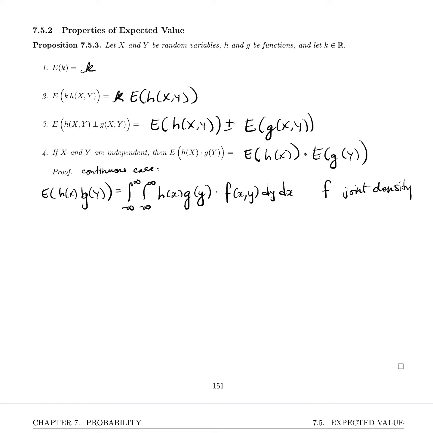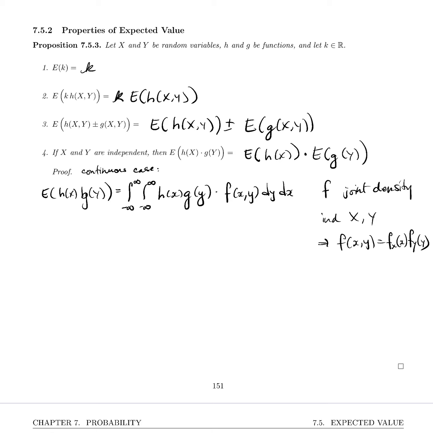Now, if X and Y are independent, then we know that the joint density can be factored. So f of XY can be written as the product of the marginals, f sub X of x times f sub Y of y.